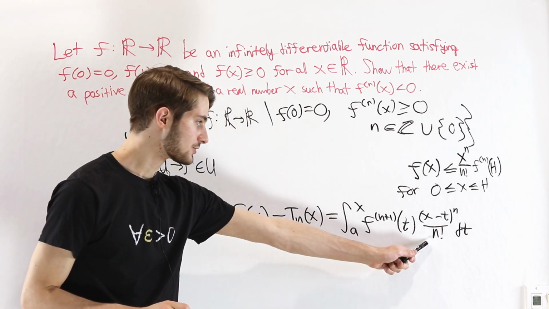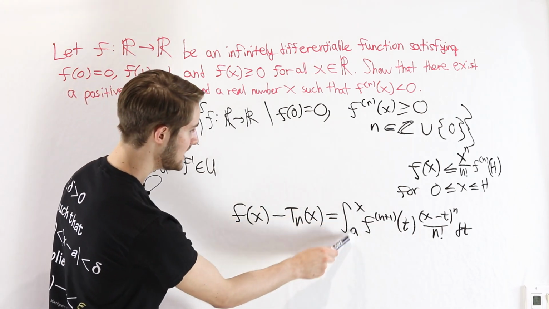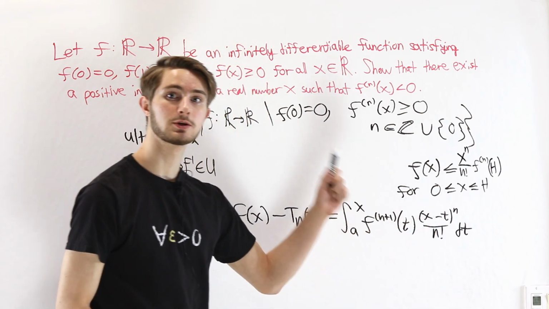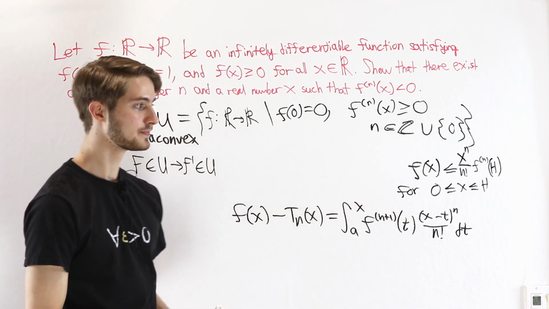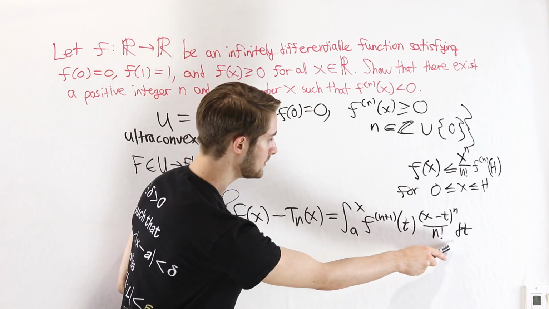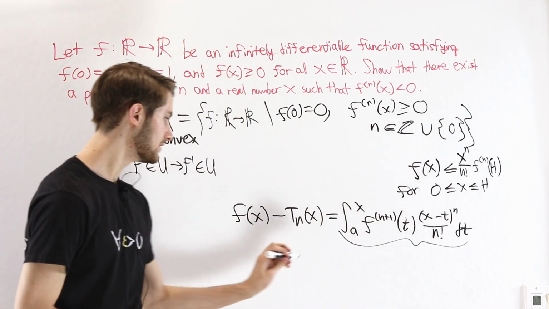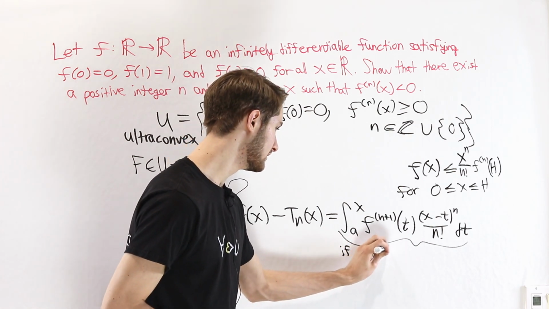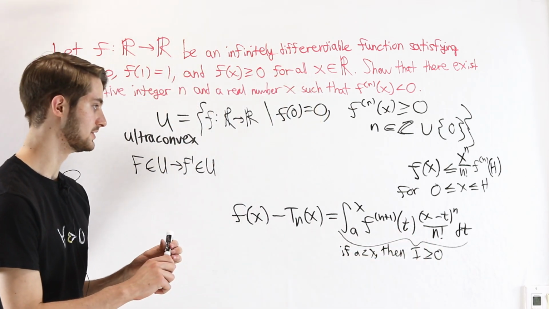We know that n factorial is greater than 0, and on the interval from a to x, x minus t is going to be positive because t is less than x. That means that this part is greater than or equal to 0, and this part is greater than or equal to 0 as well. That means that we know if a is less than x, then this integral is greater than or equal to 0.